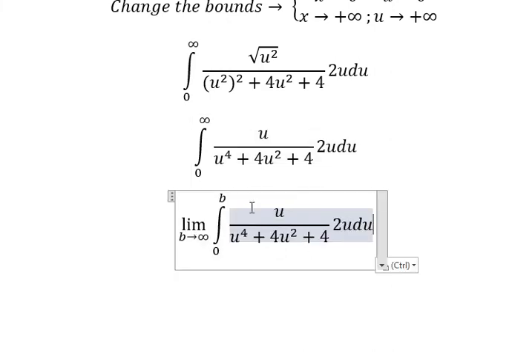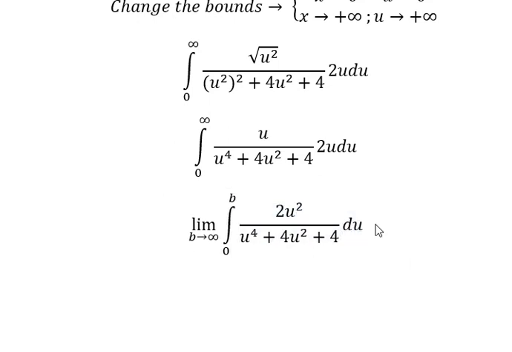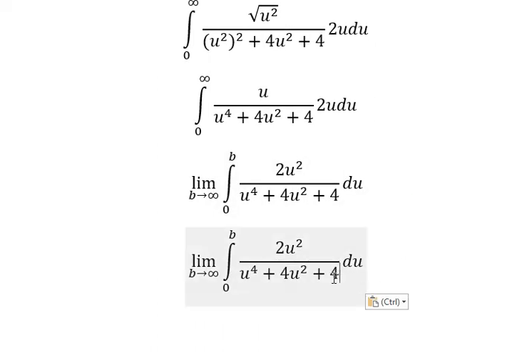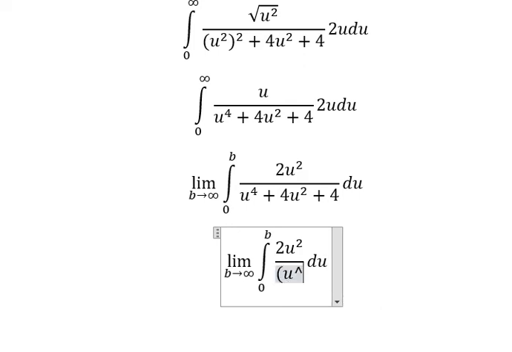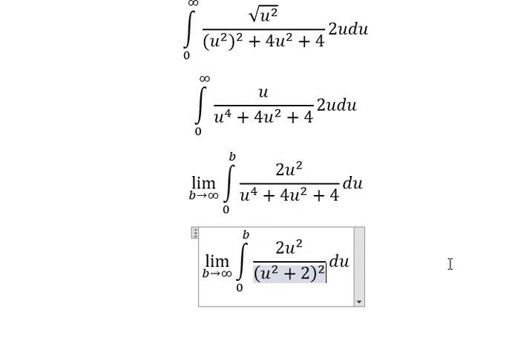So we have 2u multiplied with u, we get 2u squared. And this one in here is about identities, so you get (u squared plus 2) to the power of 2.